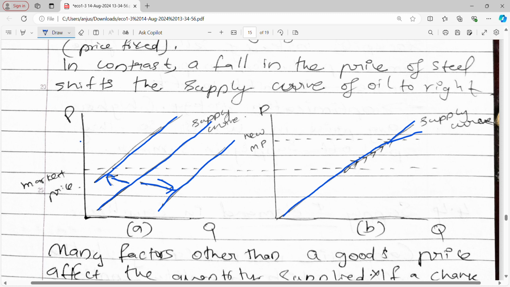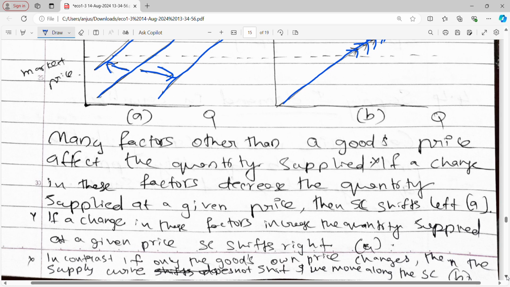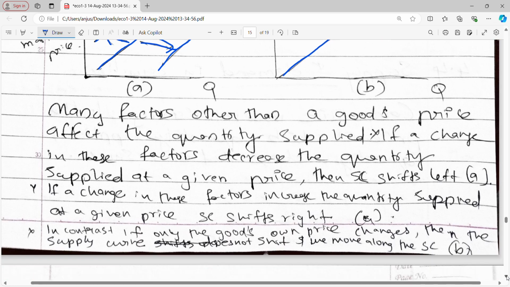So the price of oil increased, so it will move from this part to this part. This is the new market price. You can note it down if you want. One is shifting because of the increase and decrease of the input price, and the second one is movement along the supply curve because of the change in the good's own price.